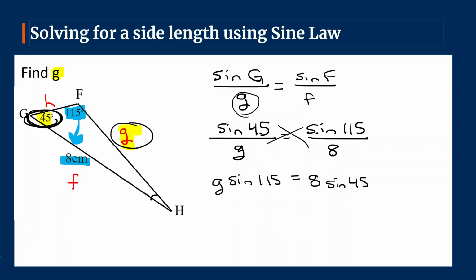Just a quick note here. There's a reason in particular why I didn't want to do sine 45 times 8. Of course, that means the same thing. However, if I write sine 45 times 8, I'm clearly going to need some sort of indication between them so that I don't think it's sine 458.